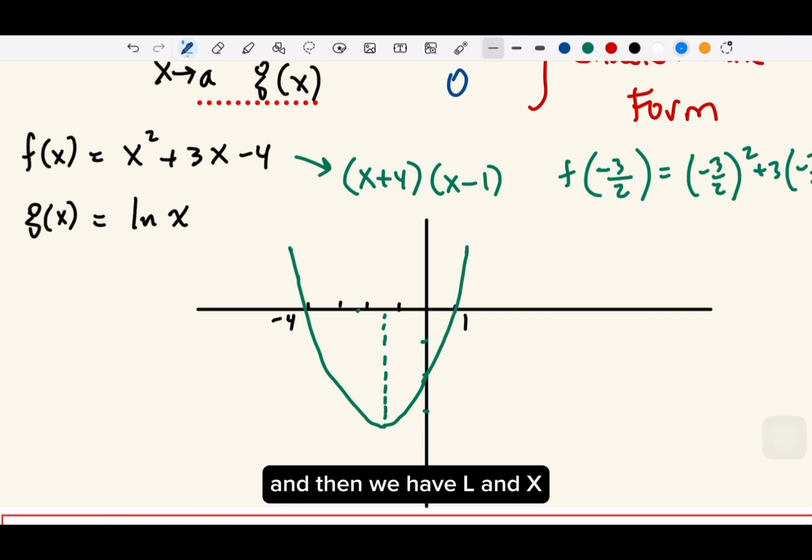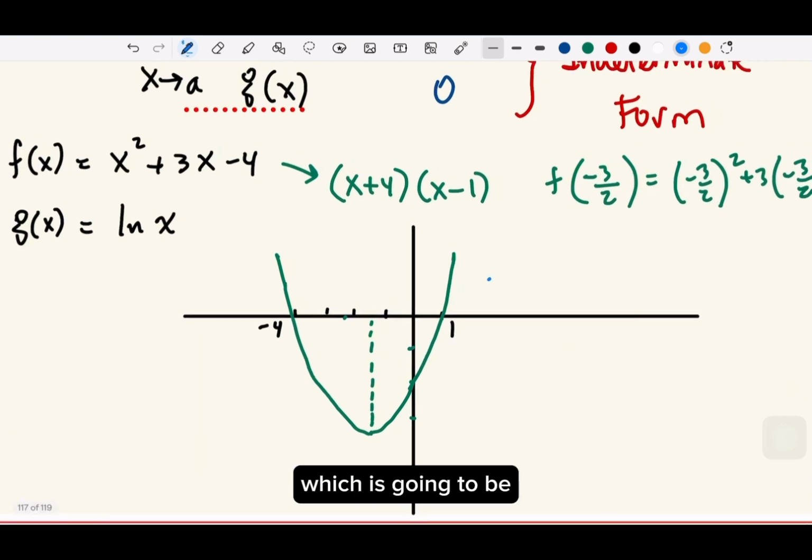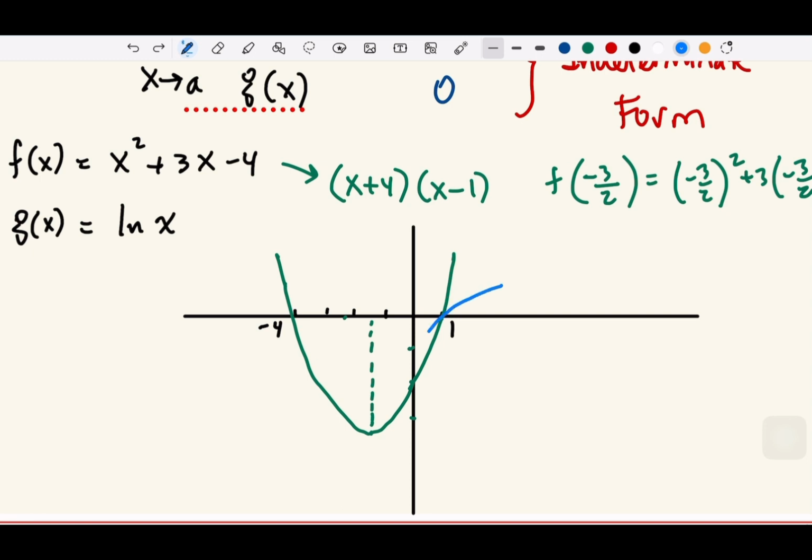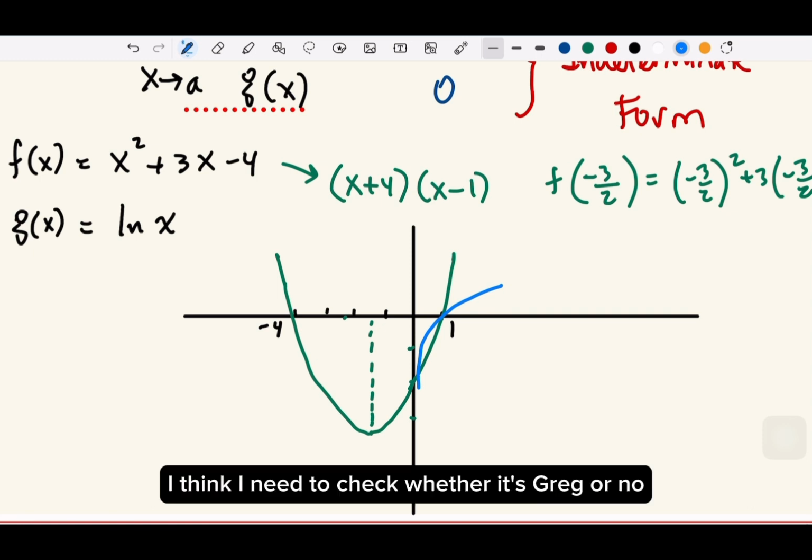And then we have ln x, which is going to be maybe like that. I think I need to check whether it's correct or not.